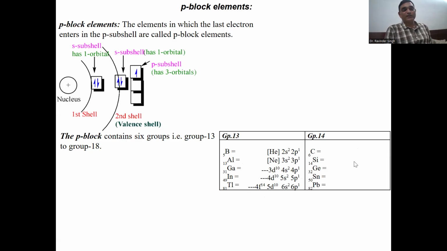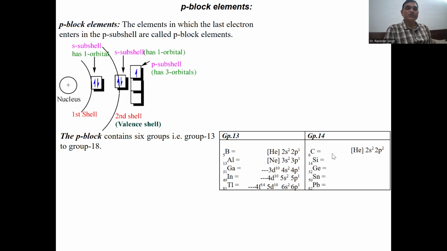Similarly, you can write the electronic configuration for group number 14. Just increase one from group number 13. The valence configuration of group 13 is 2p1 in the case of boron, 3p1, 4p1 for gallium, 5p1, and so on. Just increase 2p1 to 2p2 in group number 14, because on moving from group 13 to 14, one electron increases. The atomic number of boron is 5, and that of carbon is 6, so one more electron in carbon.